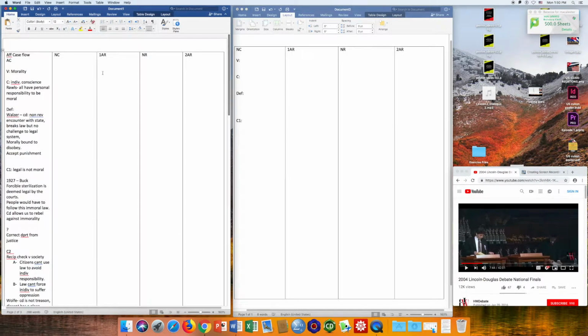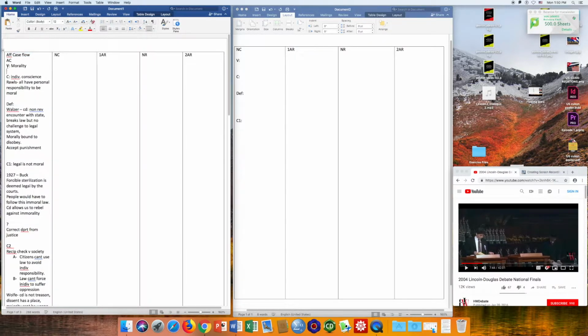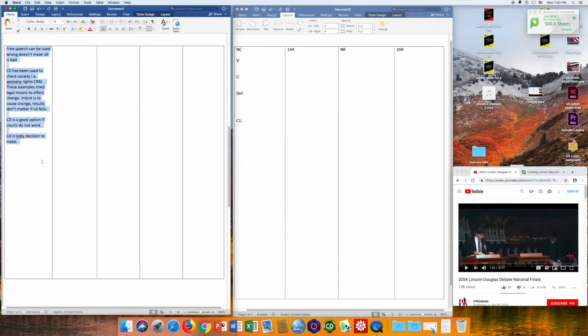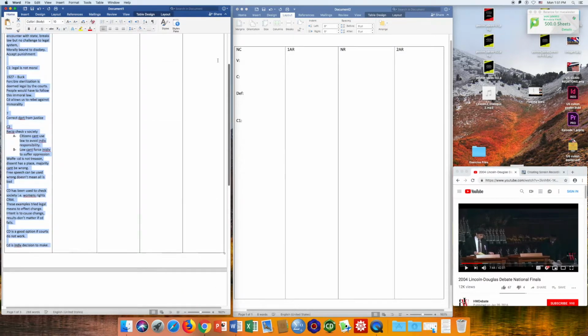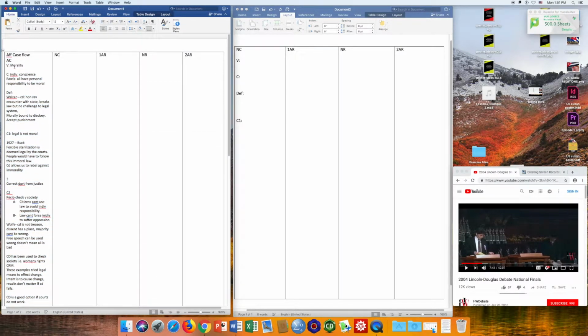Okay, so that was the affirmative case constructive. Make this a little smaller so it all fits on one sheet. Okay, so he presented his value of morality, his criterion, definitions, contention 1, used a card.